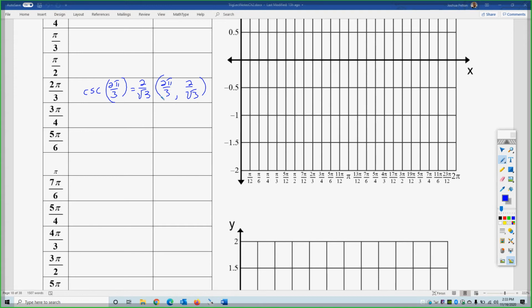And if we do the 3 pi over 4, that's going to give us 2 over root 2, just like it did for the pi over 4 angle in the first quadrant. And cosecant of 5 pi over 6 is the same as pi over 6 in the other one. I'm going to get 2 over 1, as it's 1/2 for sine. So at 5 pi over 6, I get 2. That's a little bit sloppy. Let's fix that up here.